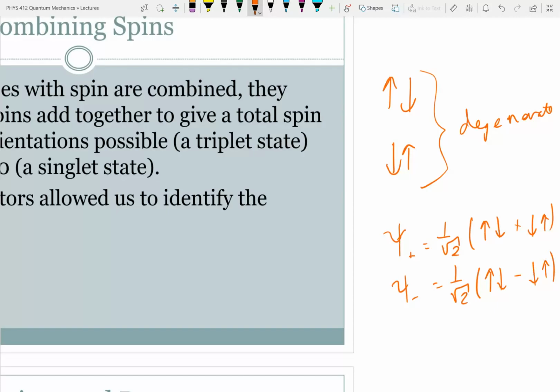And then we determined which one was the spin equal to 1 and which one was the spin equal to 0 by using the raising and lowering operator on one of the other states that we know has to be L equals 1 or S equals 1.